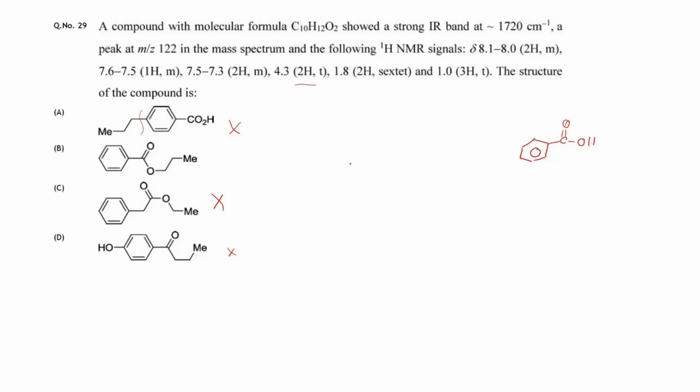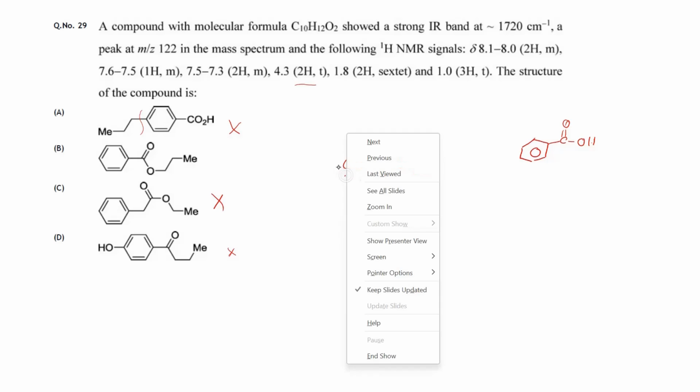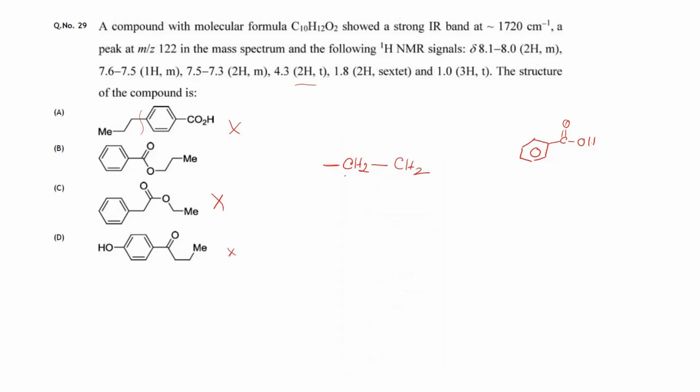A two hydrogen triplet means there will be one CH2 moiety attached to another CH2 moiety, with no hydrogen on the other side. Next, it shows a two hydrogen sextet. That means there will be CH2 with one side CH2 and the other side CH3.